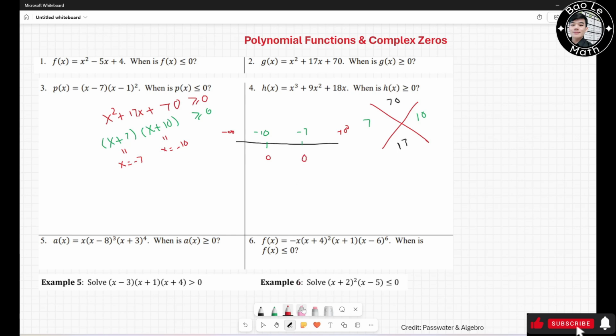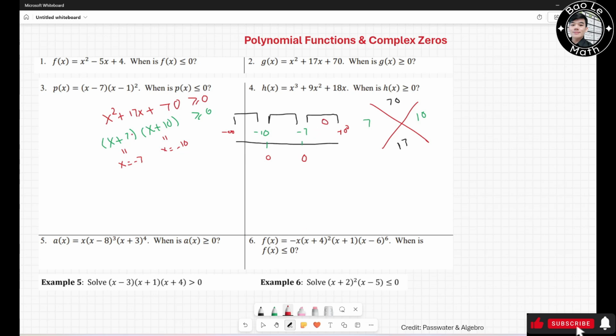I put 0 right here, right? Now, so I need to test the value, right? So I have 3 intervals, 1, 2, and 3, right? Now I pick a number within the 3 intervals right here. So I can pick 0 right here, right?